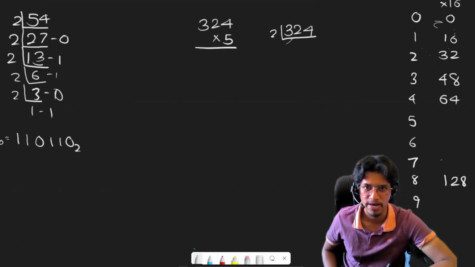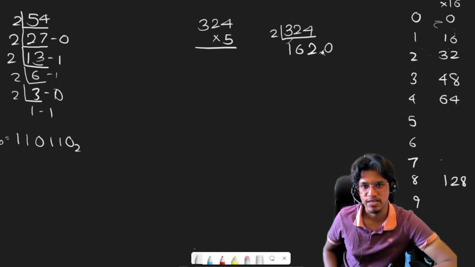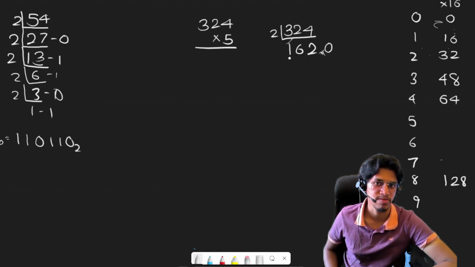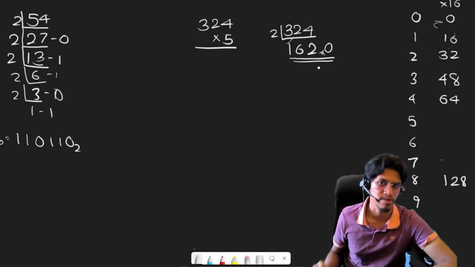324 divided by 2 is 162, and we get a point 0. So remove the decimal point and you get 1620. You should always take one decimal point.